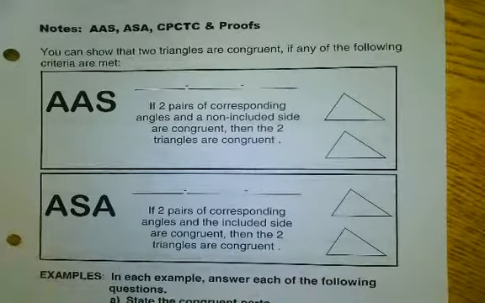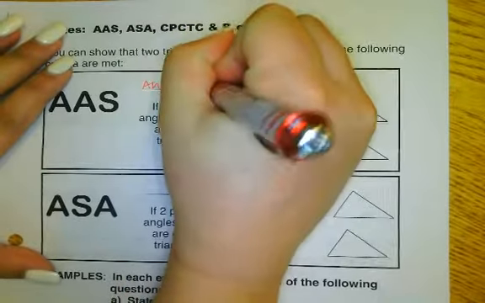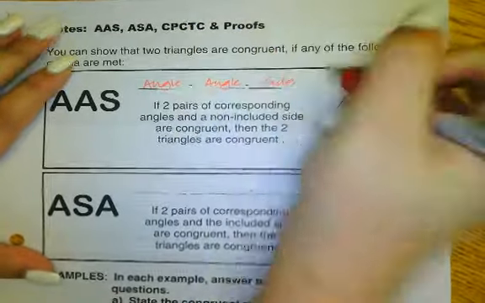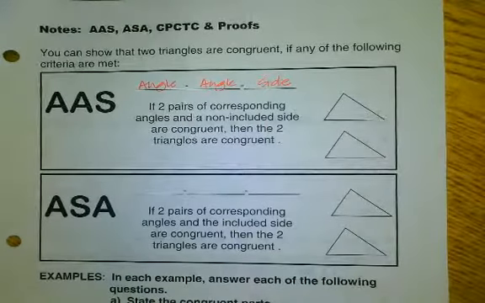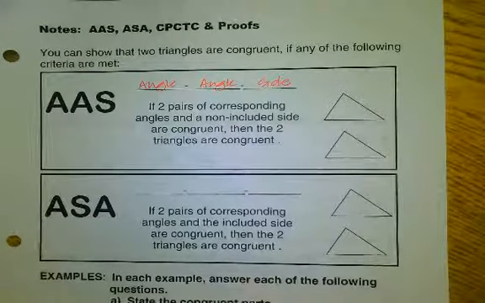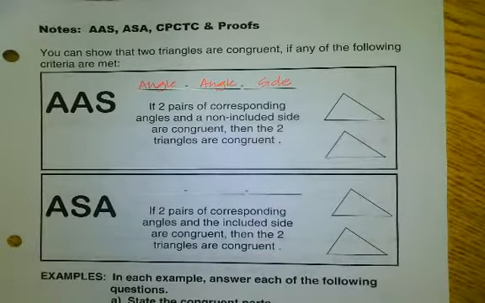Alright, our first one is AAS, which is angle, angle, side. If two pairs of corresponding angles and a non-included side are congruent, then the two triangles are congruent. Again, it is AAS, not ASS or SSA.